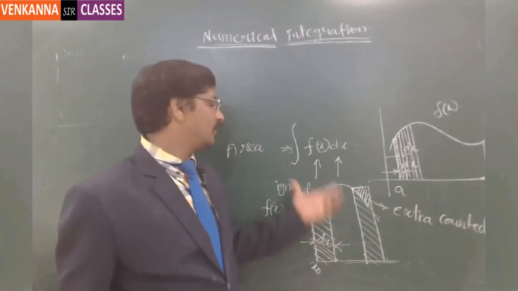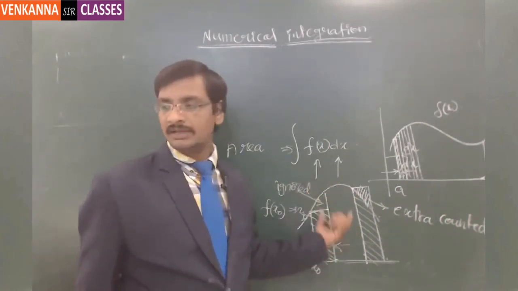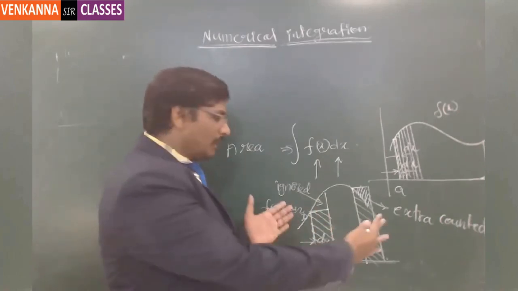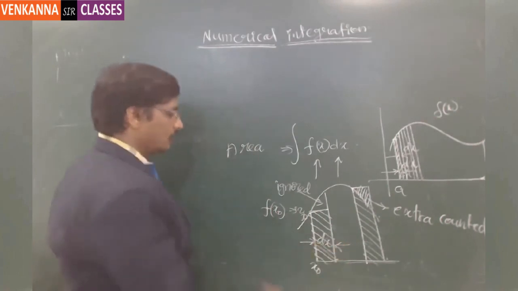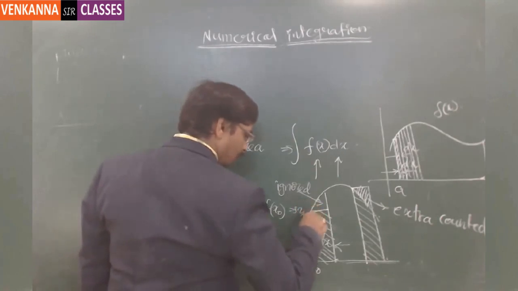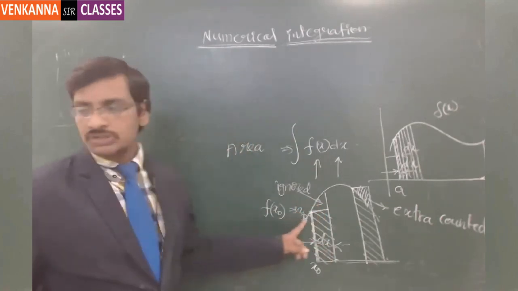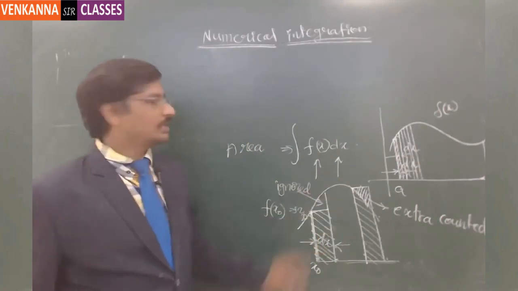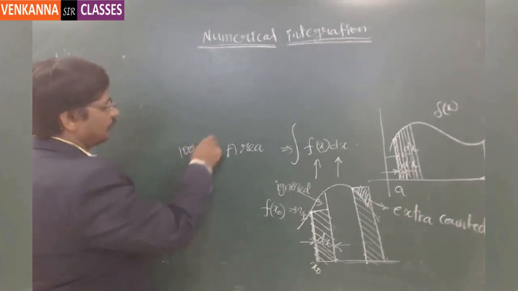So obviously, when we talk about this integration, there will be a definite error in it, and this error can be minimized by reducing the size of the strip. If I draw two different strips almost overlapping on top of each other, then this error is almost zero, and the integration value we calculate is 100% accurate.